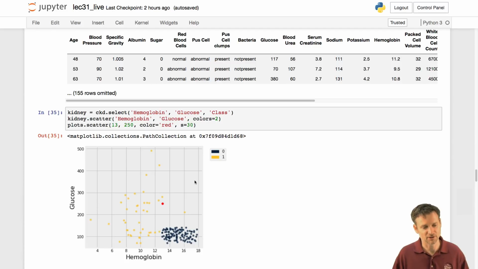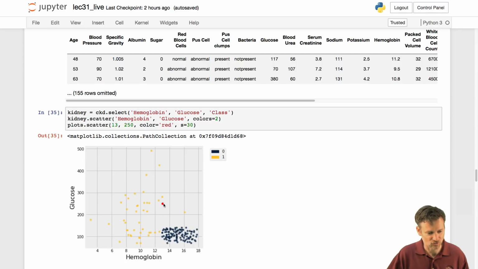That would be great if patients only had to get two blood tests done, not a dozen of them. Well, here's what the data looks like in a scatter plot. All the healthy patients were in this blue clump in the lower right, and the yellow dots scattered all around are the sick patients from the historical data.